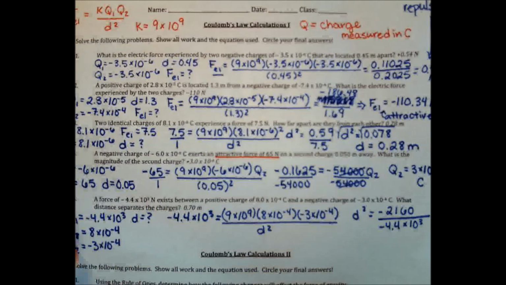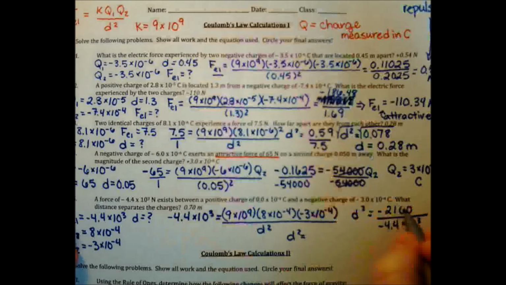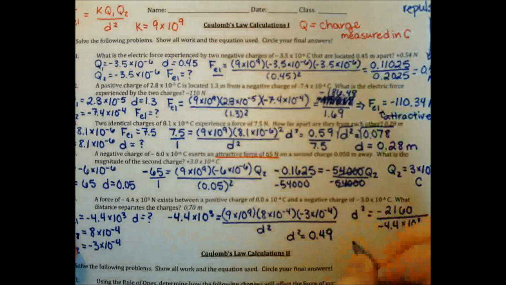Sorry, I'm super struggling for the lack of a real calculator. So I have that d squared is equal to, when I divided these out, I got positive 0.49.